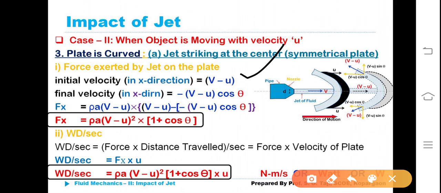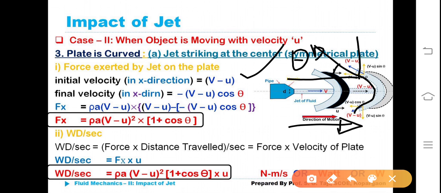From this figure you can see the jet striking at the center in this direction, after it glides over the vane, and when it leaves at the outlet tip, you have to take the component. This is theta. Therefore, the component of the force in the x direction is v cos theta.